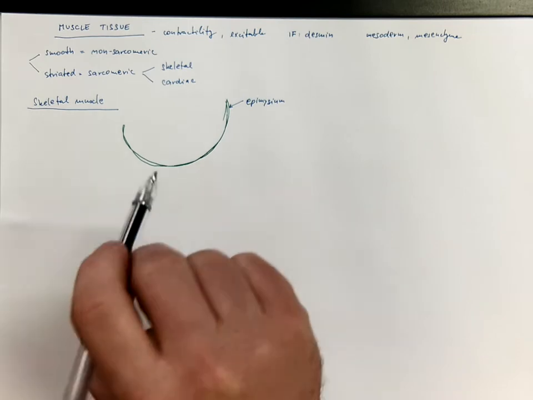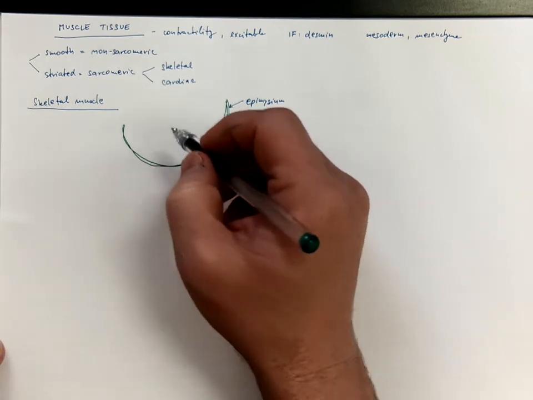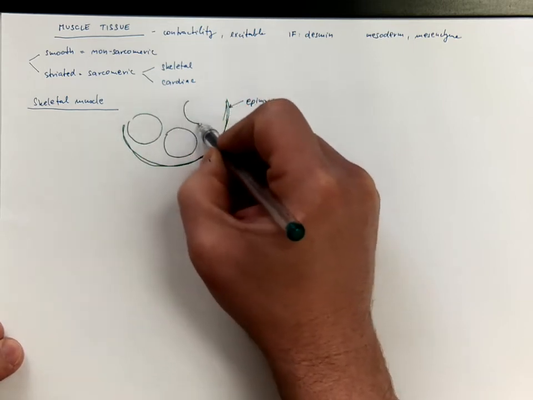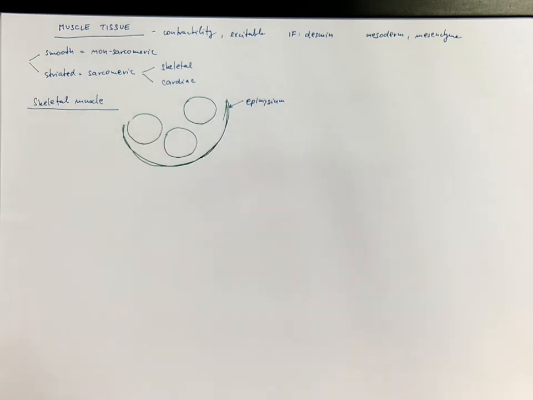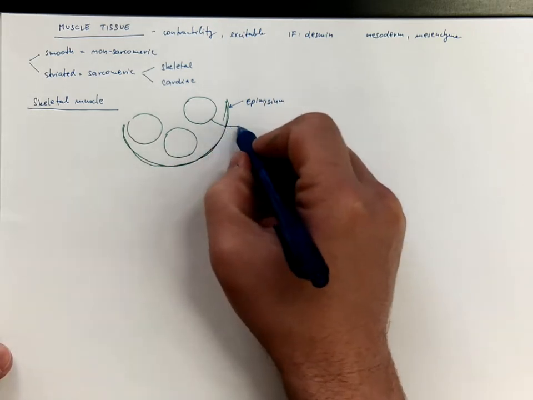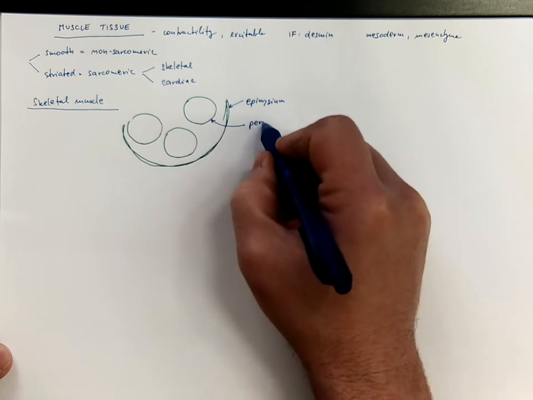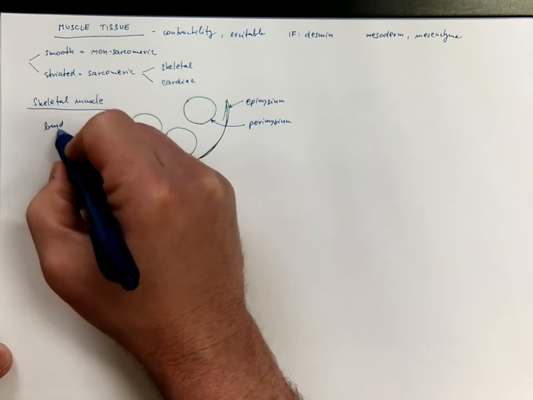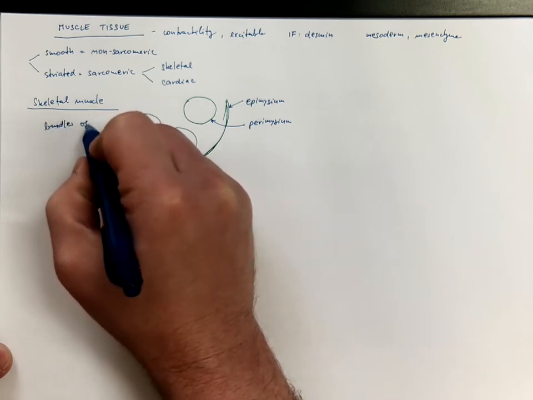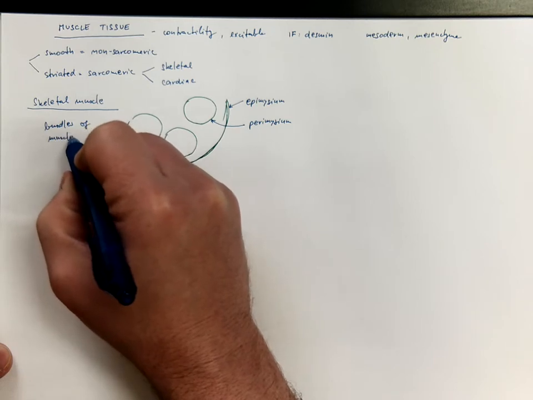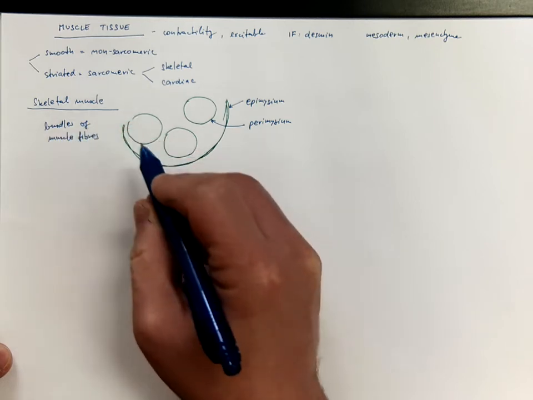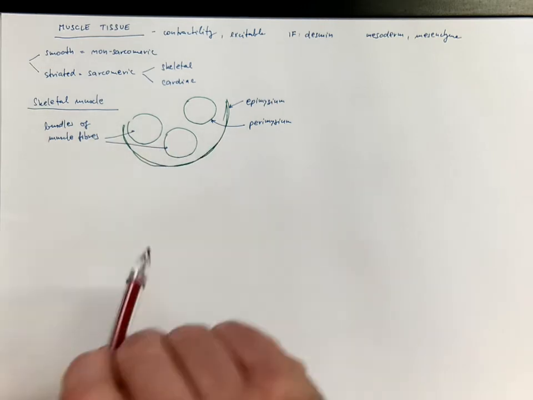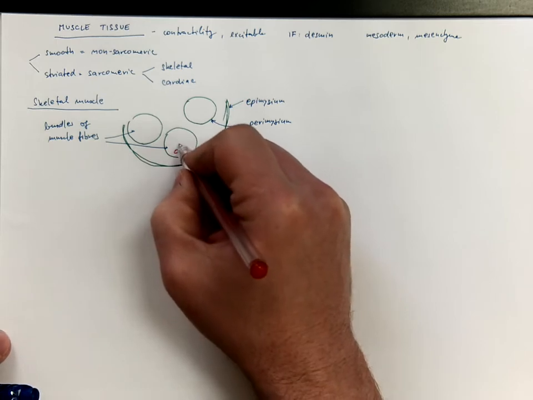Inside we will find bundles of muscle fibers, each of these being surrounded by a connective tissue layer called perimysium. And each of these bundles contains individual muscle fibers.